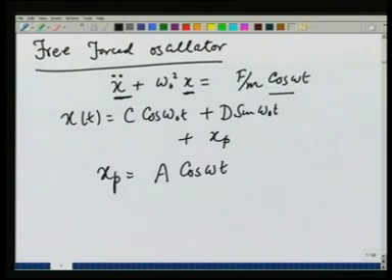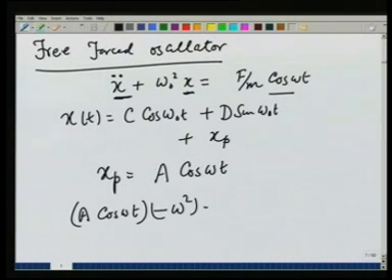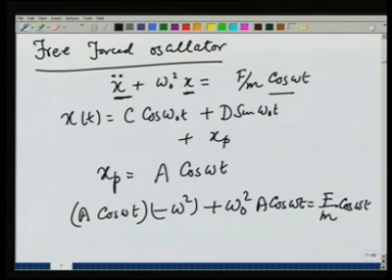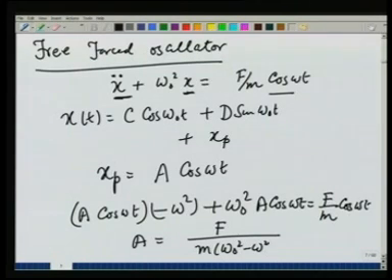When I substitute this here, I find that I have cosine of omega t multiplied by minus omega square plus omega naught square, times A, equal to F over m cosine of omega t. And therefore, since this equation is satisfied at all times, I get A is equal to F divided by m times omega 0 square minus omega square.